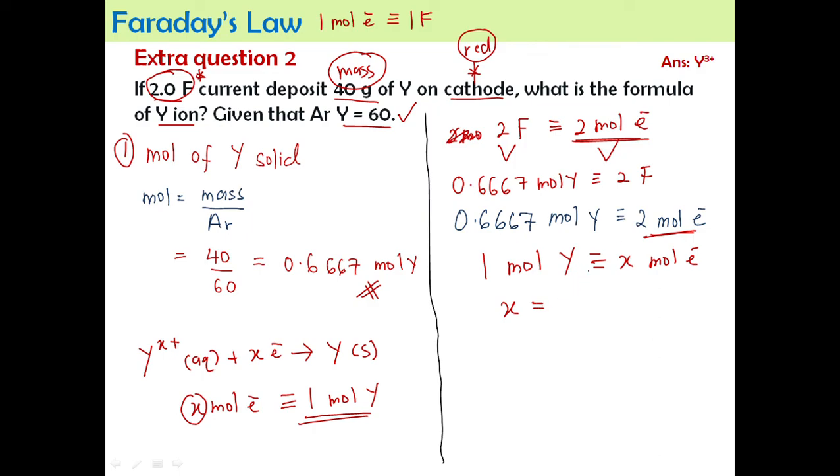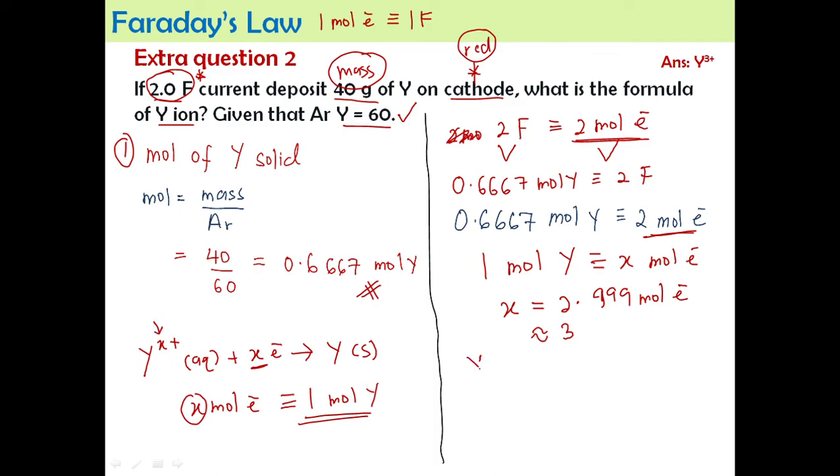So, bila awak darab silang, okay, awak akan dapat X sebanyak 2.999 mole of electron. So, ini kita boleh bundarkan kepada 3. So, kalau X elektron nilai dia 3, so bermaksud X ni pun samalah.